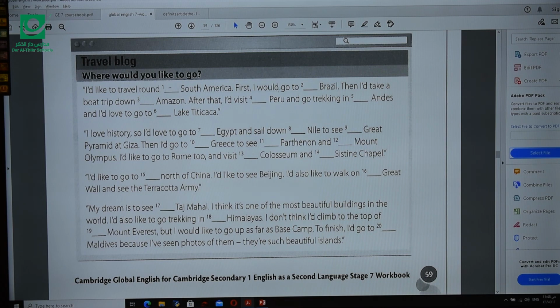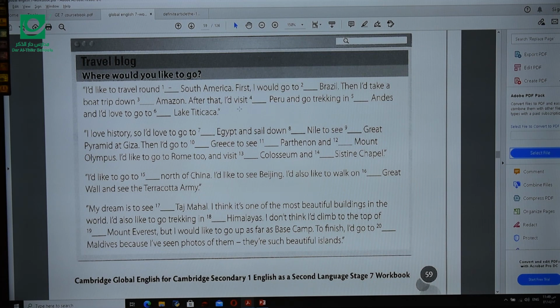First, I would go to, yes, exactly, no article. So I would go to Brazil, because here I'm talking about a country. Then I would take a boat trip down the Amazon, because it's a river. After that, I would visit Peru.